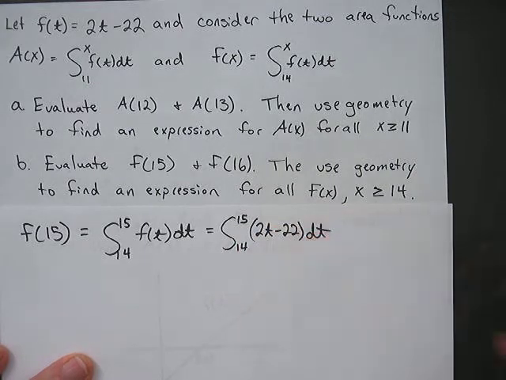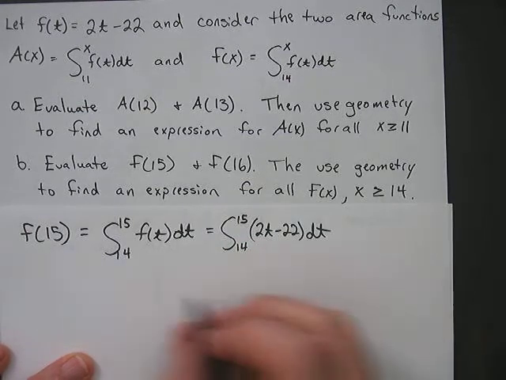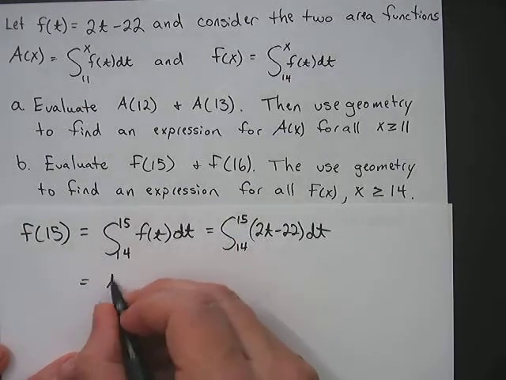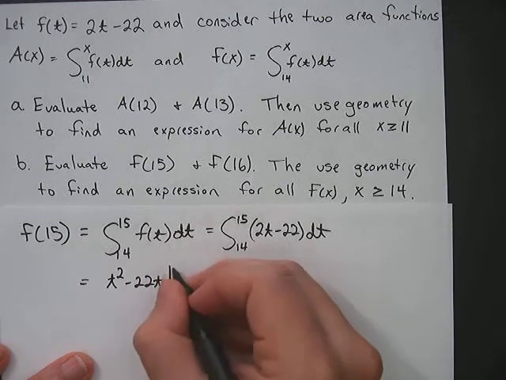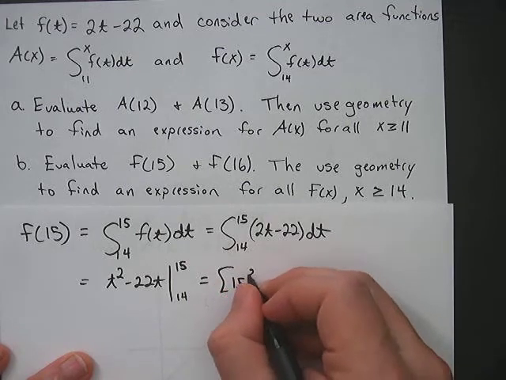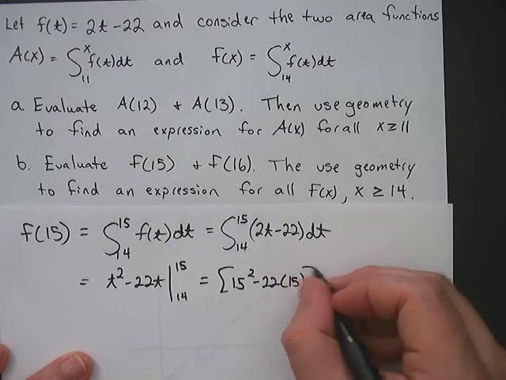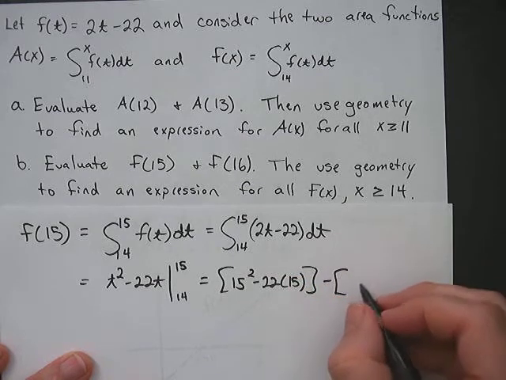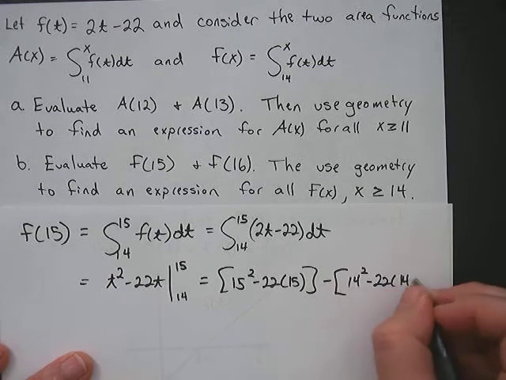All this is very similar to what we just did. The only difference is the lower limit is different. We already know that that becomes t squared minus 22t, and we evaluate that from 14 to 15, which means we have 15 squared minus 22 times 15 minus 14 squared minus 22 times 14.